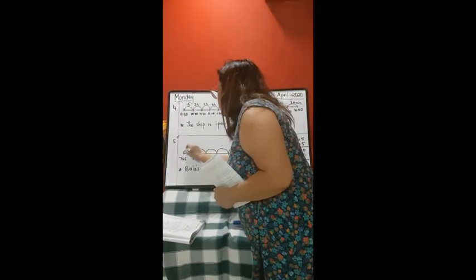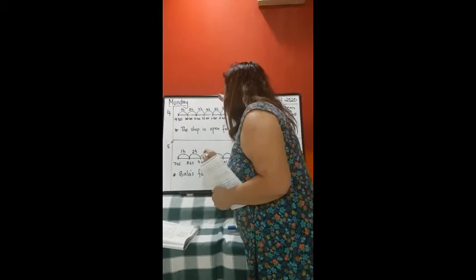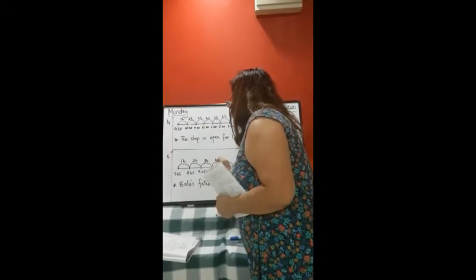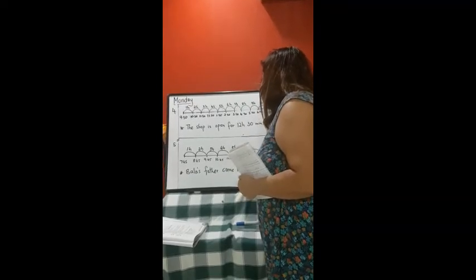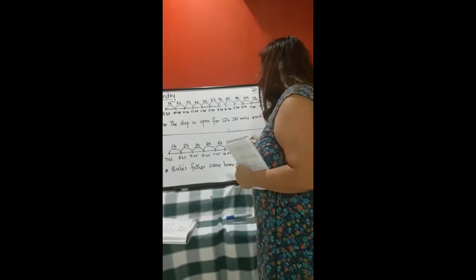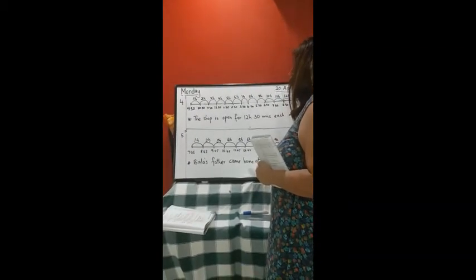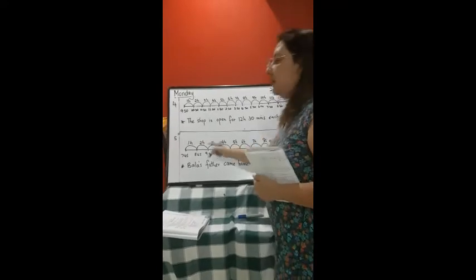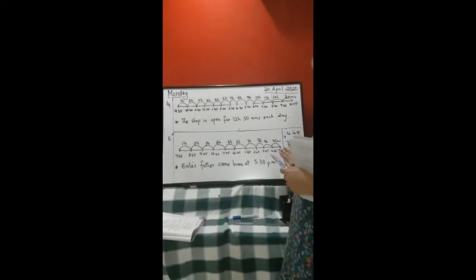So this is 1 hour, 2, 3, 4, 5, 6, 7, 8 and 9 hours, and then 45 minutes. So we have the number of hours he was out, but we don't have the end time.